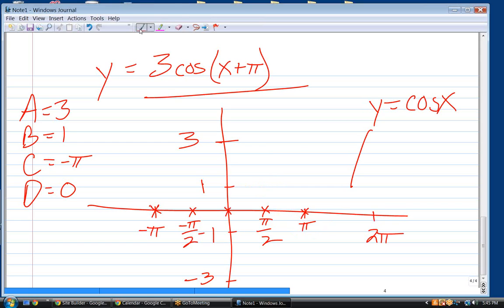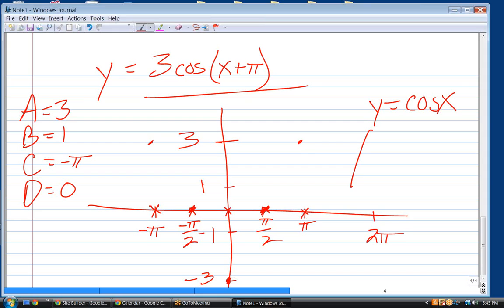So now I know exactly where to start and where to end. First point would be right there, and my last point right there. I'm going to go through the x-axis right there, go down and hit minus 3 at that point, and come back up through the x-axis right there.